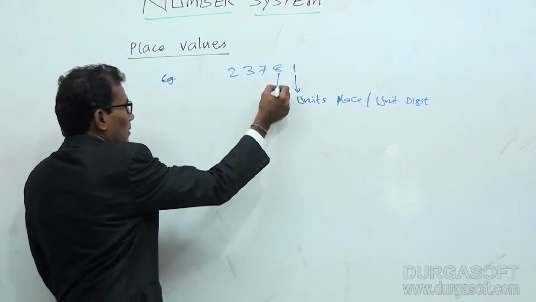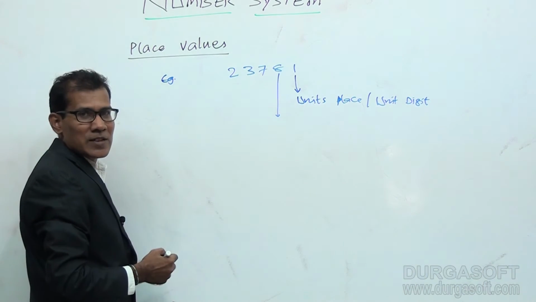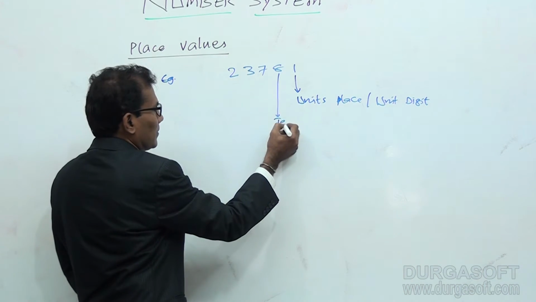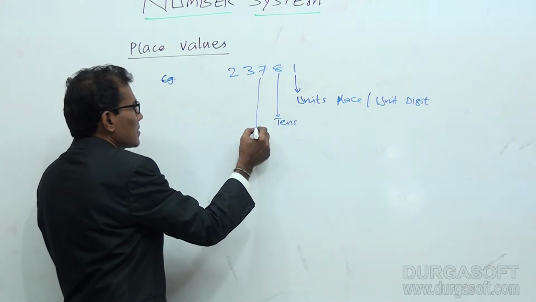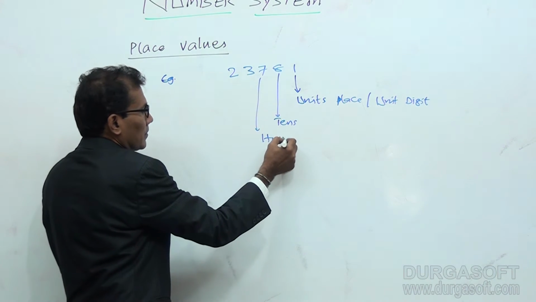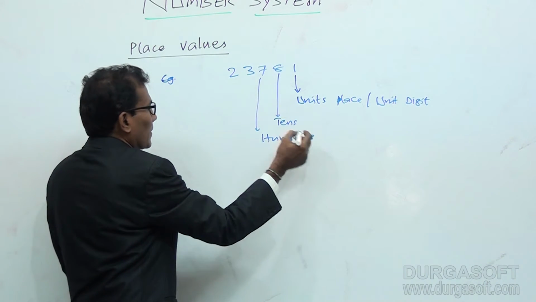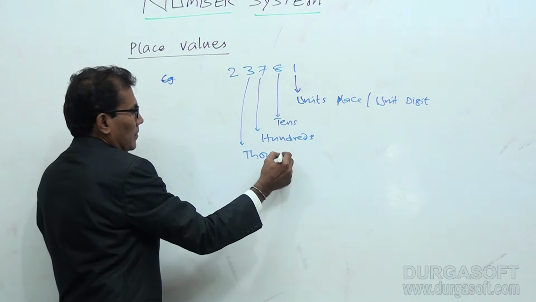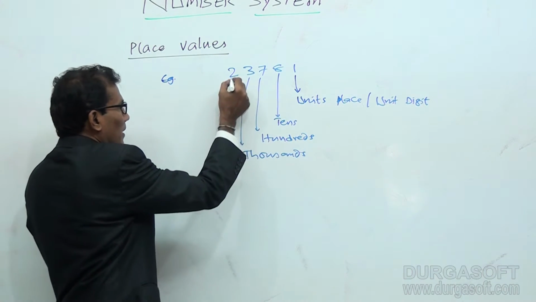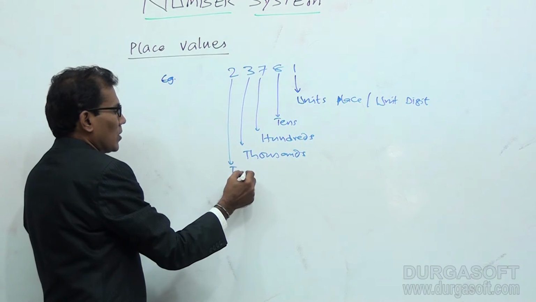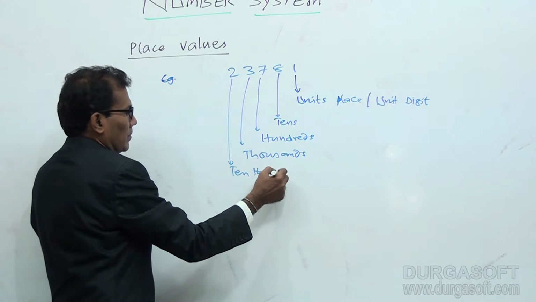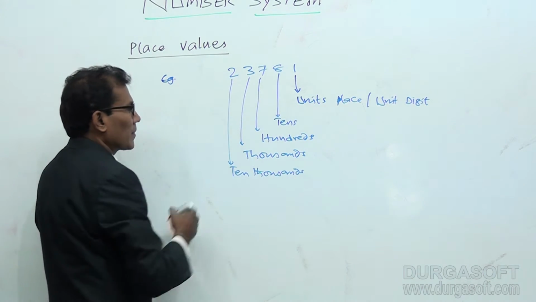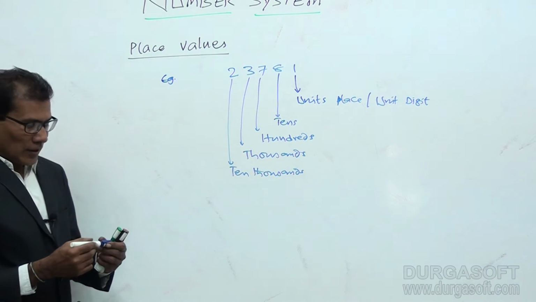The second is tens, and this is hundreds, and this is thousands, and this is 10,000s, and so on. These are the place values of an integer.